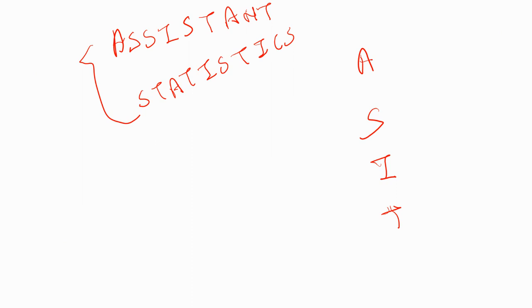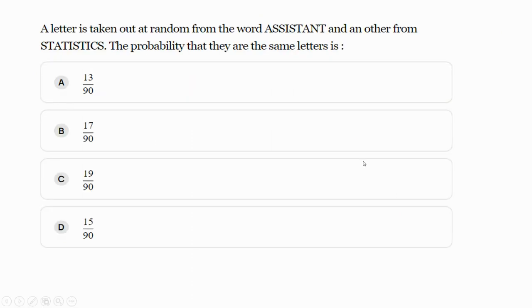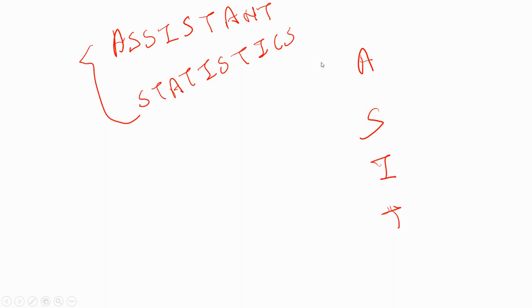Now we want to find the probability that they are the same letter, which means we choose A from assistant and A from statistics. It will be the probability of choosing A from the first word and the probability of choosing A from the second word, and these two are independent, so we just multiply them.